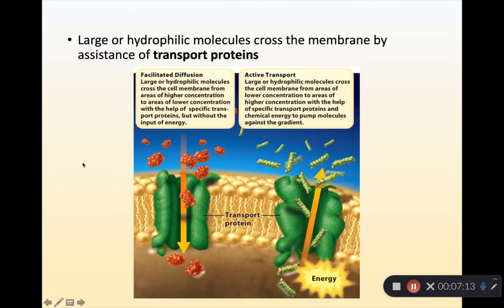However, how does that work when we have these larger molecules? How do they cross the membrane? Well, we have specific passages that are transport proteins, which are proteins that span that phospholipid bilayer and can assist in diffusion of larger molecules.